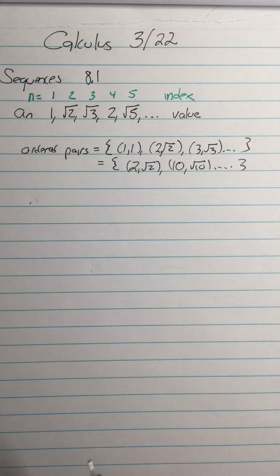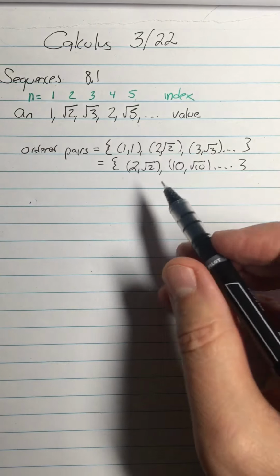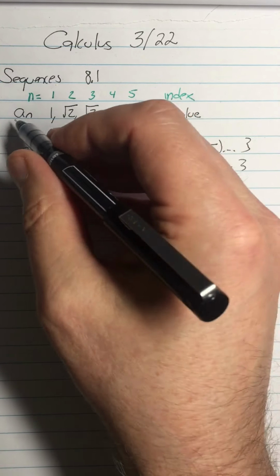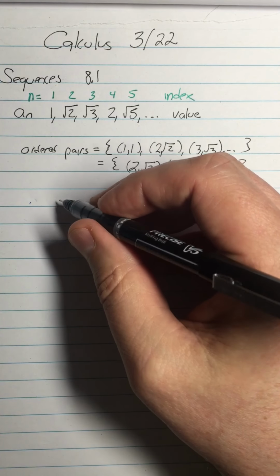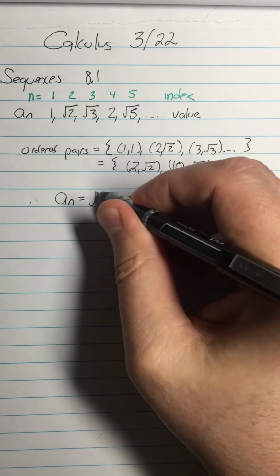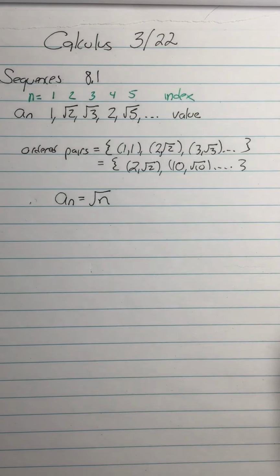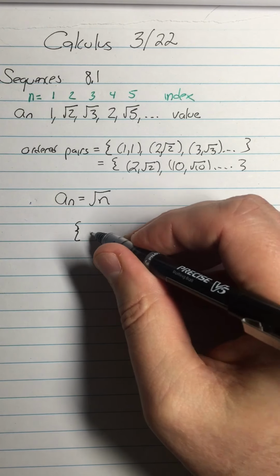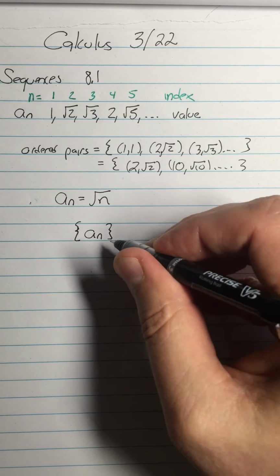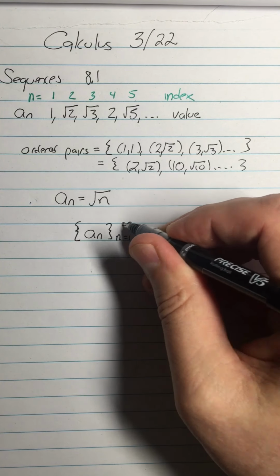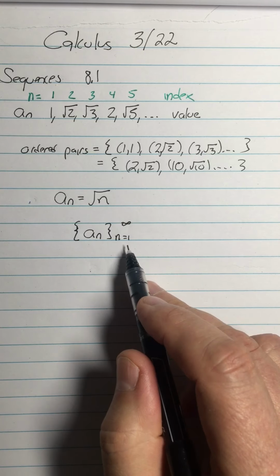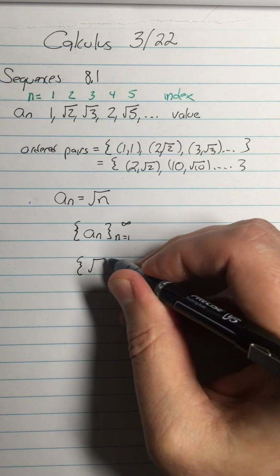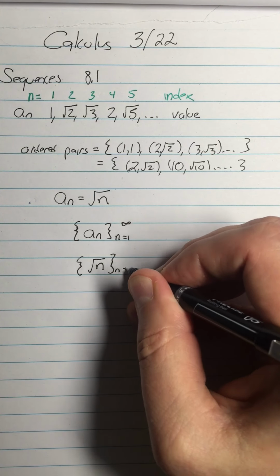All right. So with that in mind, for a sequence like this, we can write different things, but beware of the notation. For this particular sequence, we can say a sub n equals the square root of n. That's a common way to write that sequence. We can also write a sequence using set brackets. So this looks like a set, but then we say n equals 1 to infinity. And now that's a sequence of numbers. So in this particular case, we're talking about square root of n from n equals 1 to infinity.